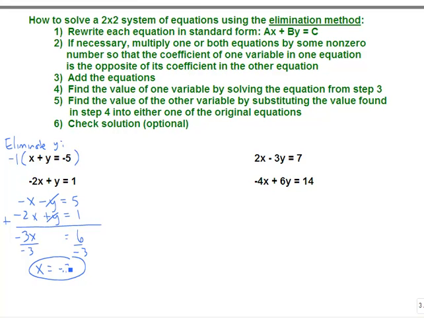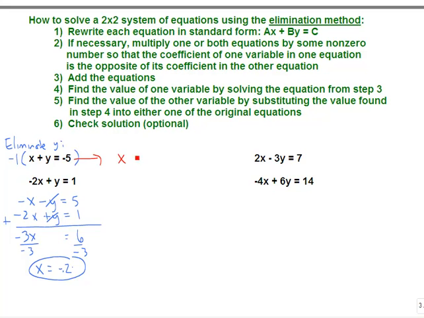Now, to get the rest of my answer, remember we need to find out what y is. So unlike substitution, there's no easy boxed equation that we can go back to find out y right away. What we have to do is go back to either one of the two original equations and substitute in -2 for x and solve for y. So usually I try to pick the equation that looks easiest to work with, and in this case that might be this top one just because the coefficients of x and y are 1s, so it's pretty simple.